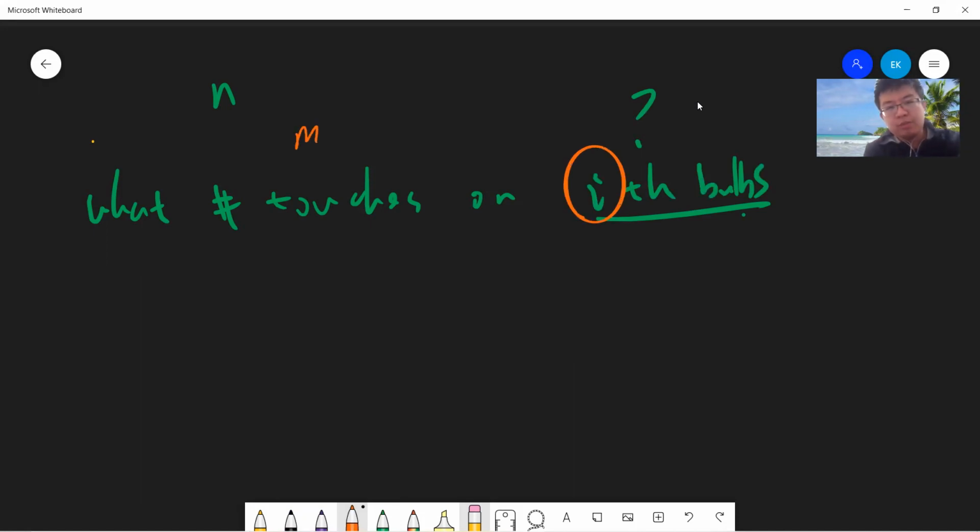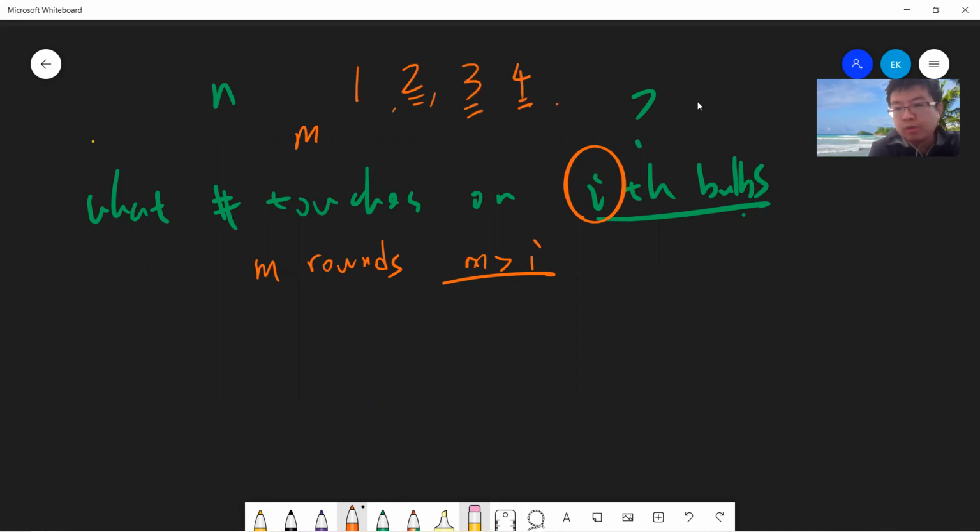Let's say after m rounds, right? If m is greater than i, then there's no way that you can touch it. In the beginning you touch first, and then touching the multiples of 2, and then touching multiples of 3, and touching multiples of 4.